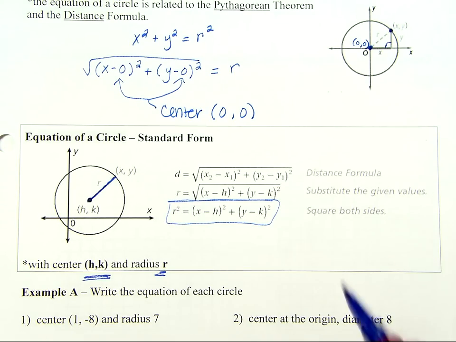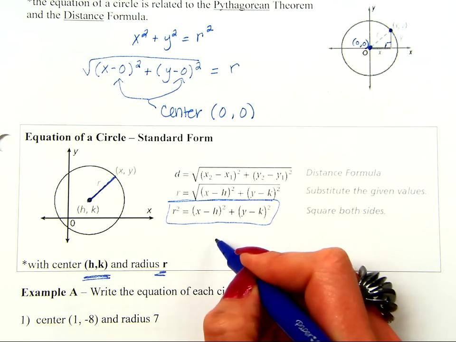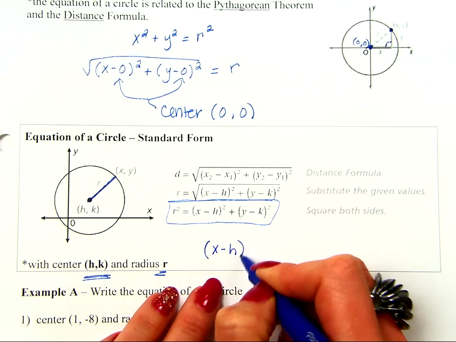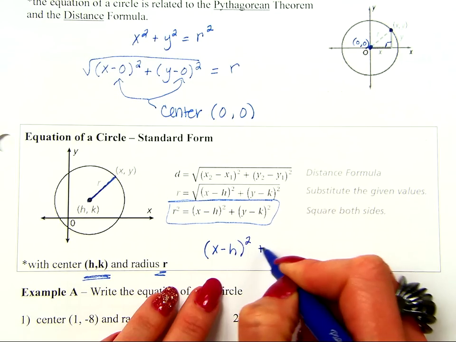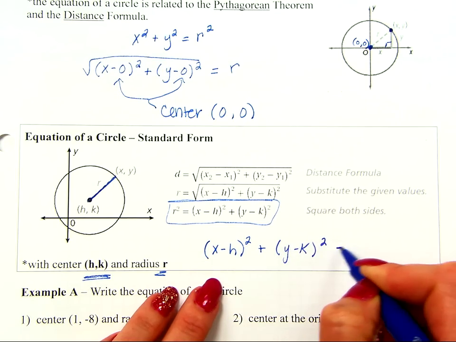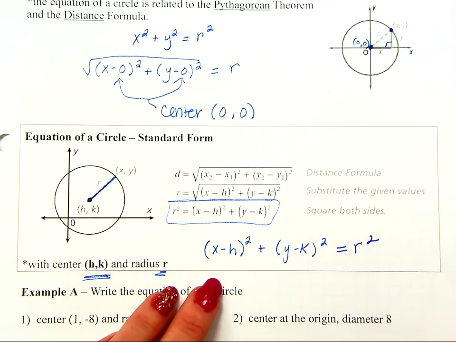Now, a lot of times, when I write this myself, I end up putting the x minus h quantity squared plus y minus k quantity squared first, and then I set it equal to r squared. Of course, that's the same equation, it's just flipped around.